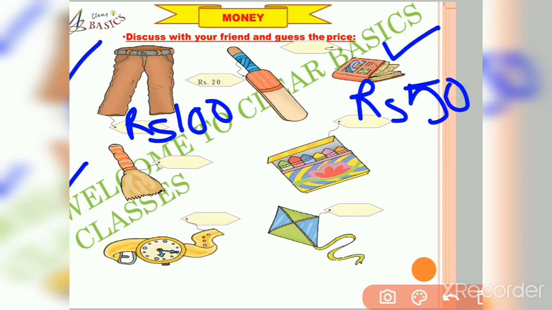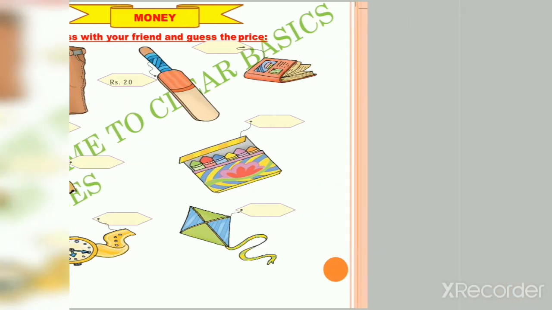So let us assume the price of this paintbrush to be rupees 10. So friends, your job is to guess the price of the remaining items as it is displayed in this slide.